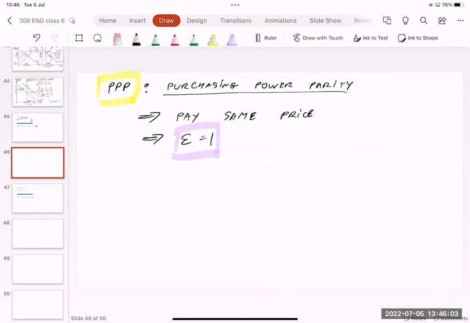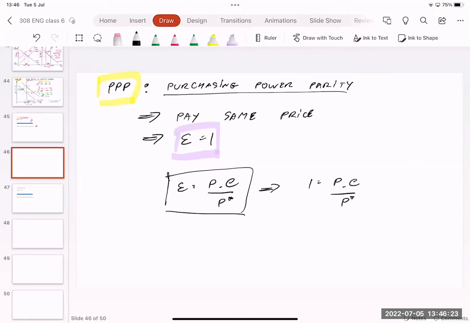From the mathematical formula, the real exchange rate equals P multiplied by E over P star. If we have the same price, if the purchasing power is the same, it means that the real exchange rate should be equal to 1.